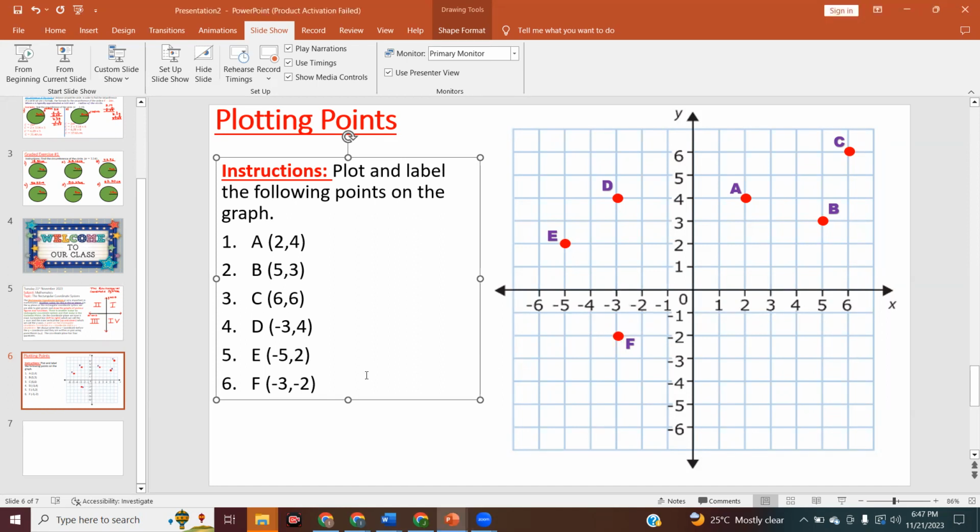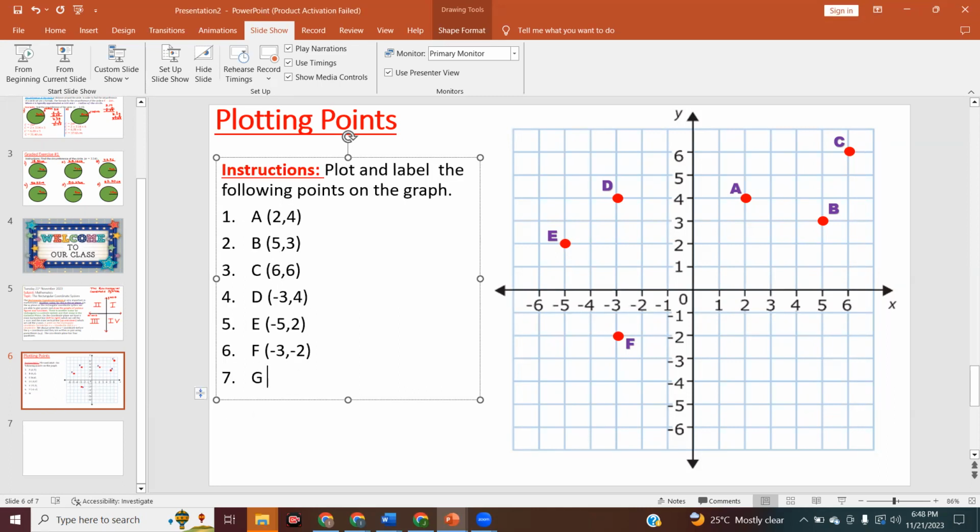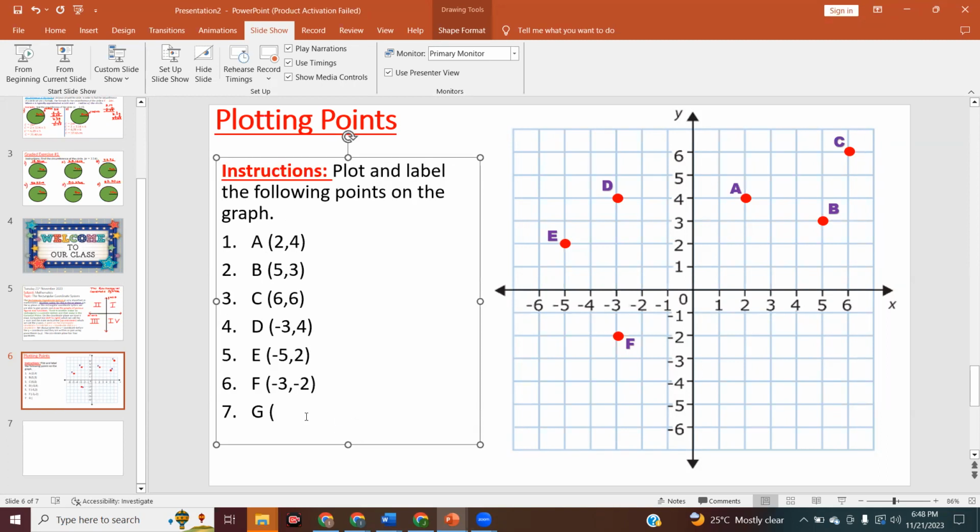Now, the next thing we're gonna do, what if I say I want G? What if I say I want -4, comma -6? So where are we gonna go for that?